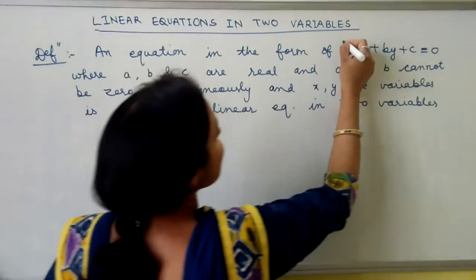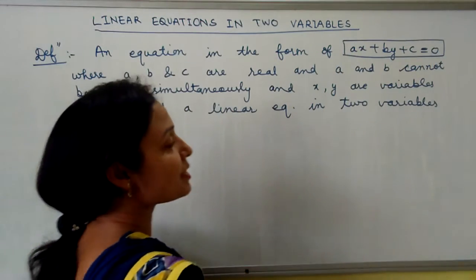Ultimately we have the form of this, which is a linear equation in two variables.